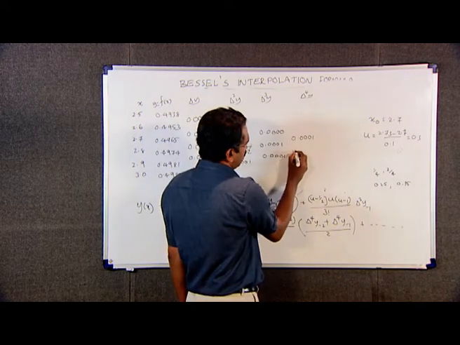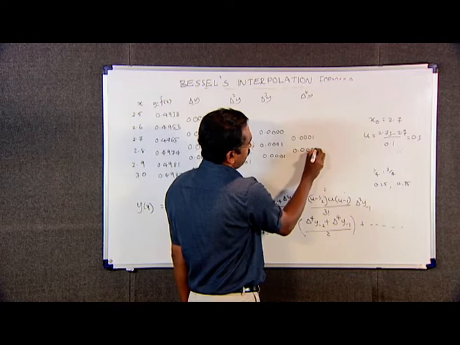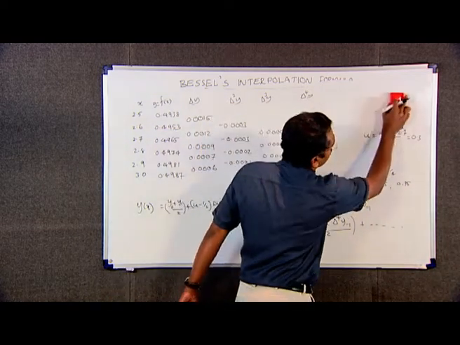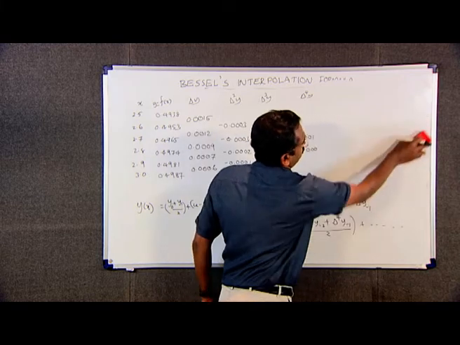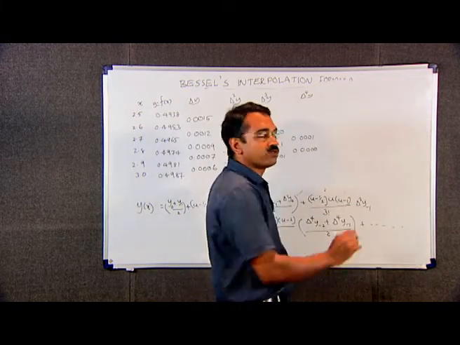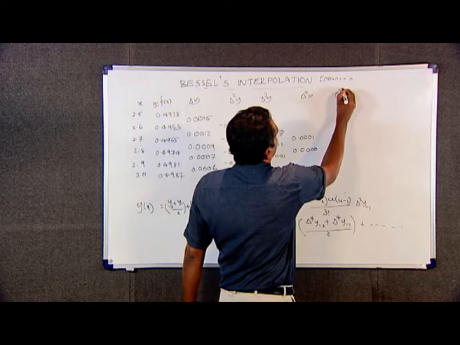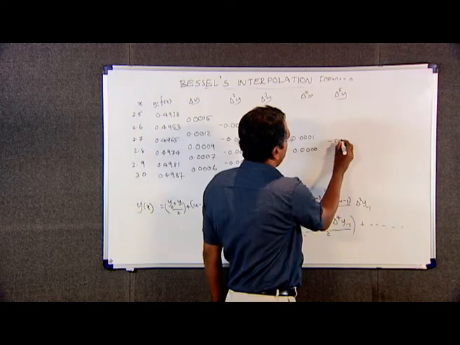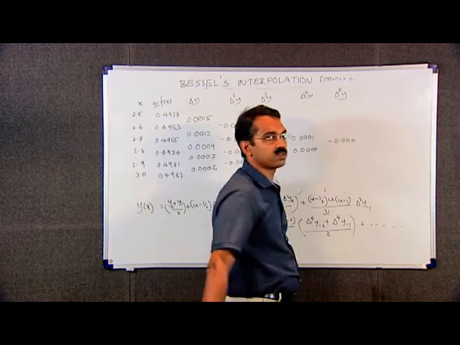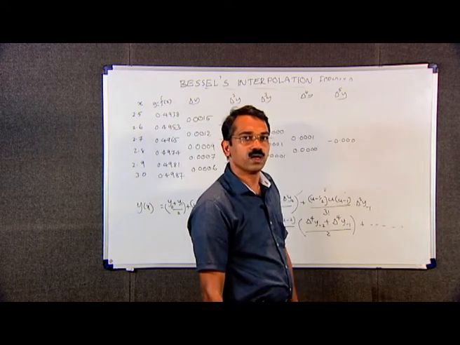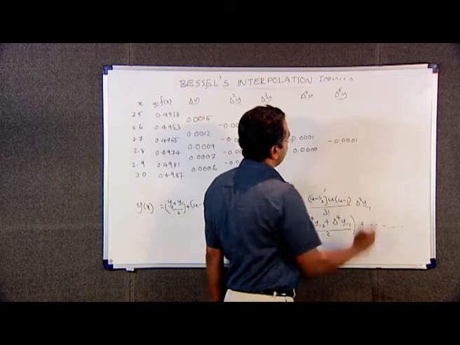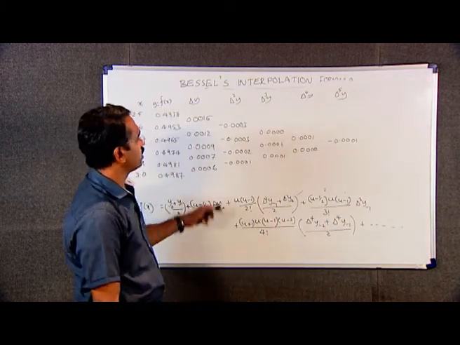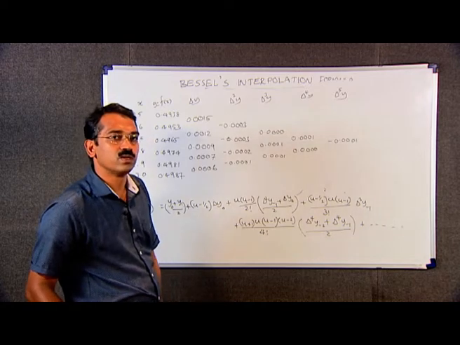This is 0. And the fifth order difference is delta raised to 5 y, which is minus 0.0001. This is the corresponding difference table.